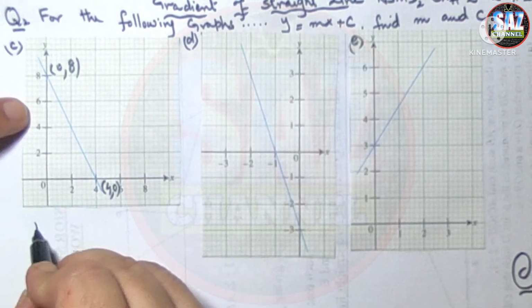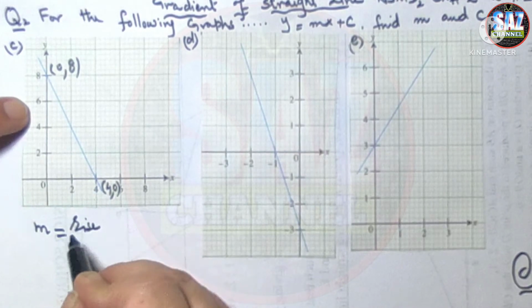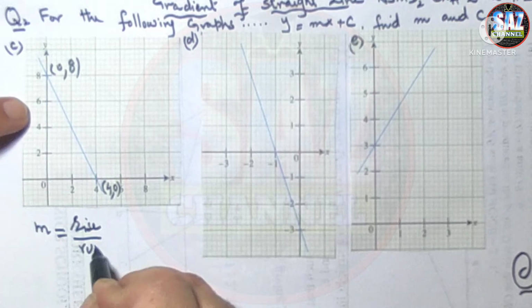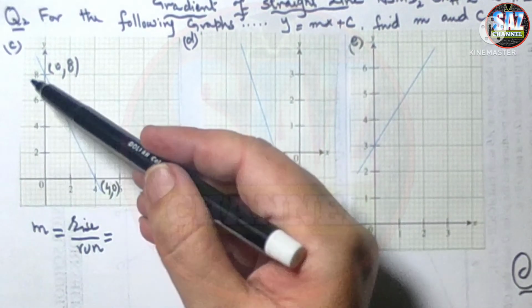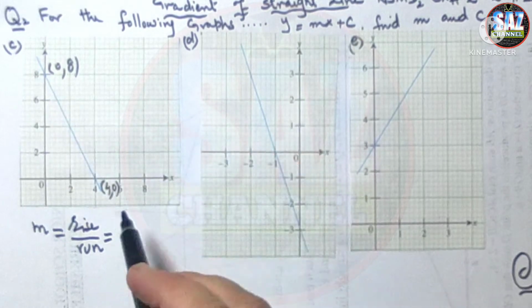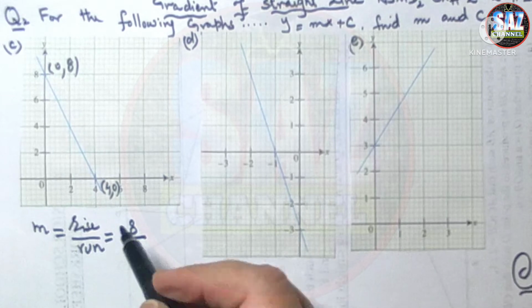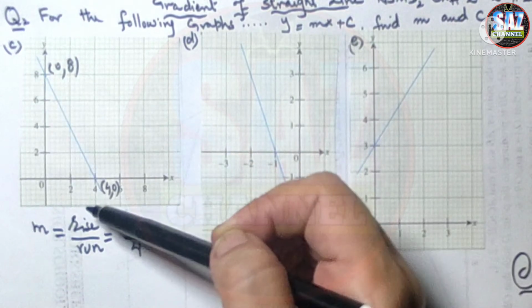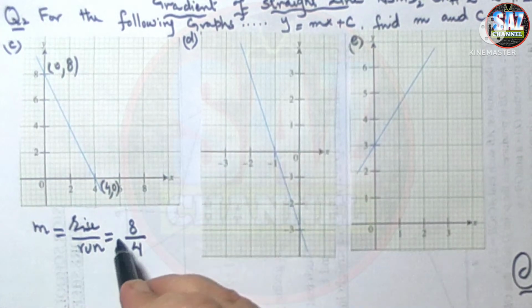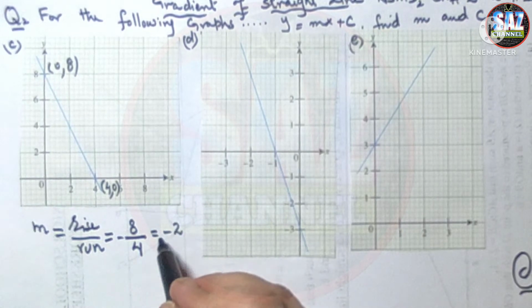As we know that the gradient is the ratio of rise to run, we can see that the rise is of how many units? 8 units, and run is 4 units. And secondly, the line is in the second and fourth quadrant. It has a falling trend, so the gradient will be negative, so gradient will be -2.